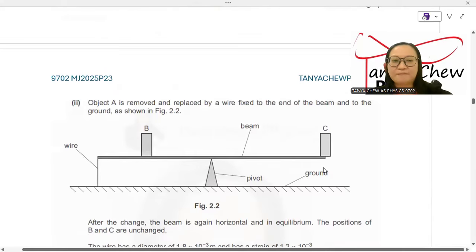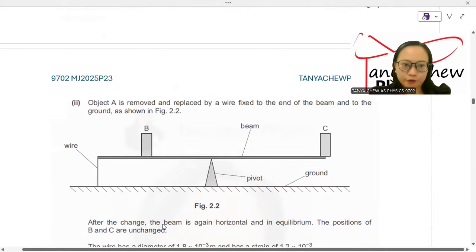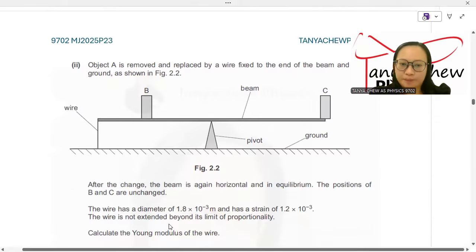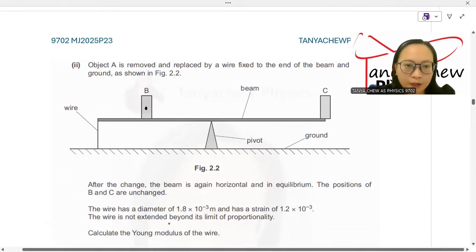Now, the second part: object A is removed and replaced by a wire fixed to the end of the beam and to the ground, as shown in Fig 2.2. After the change, the beam is again horizontal and in equilibrium. The positions of B and C are unchanged, so I better write it down. The weight of B is equal to the mass of B times 9.81, get a value later.